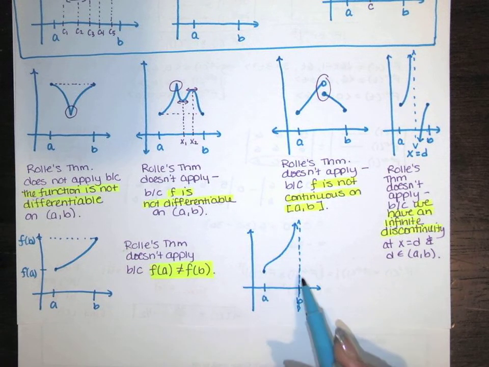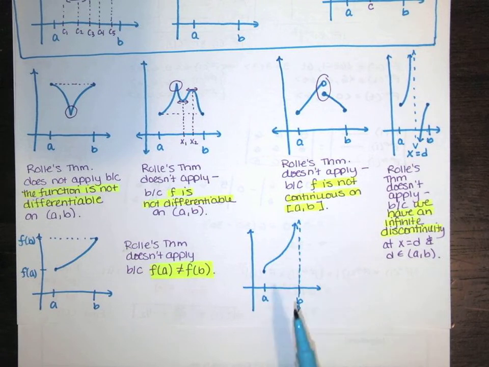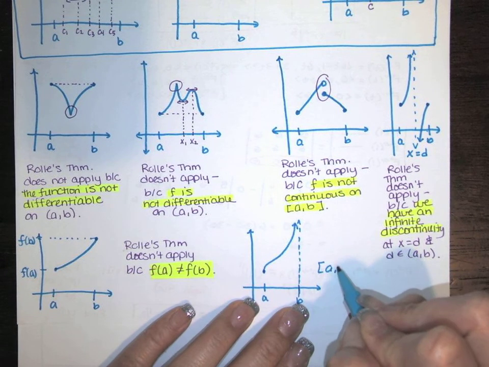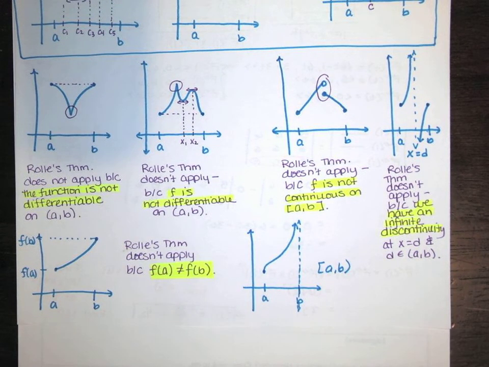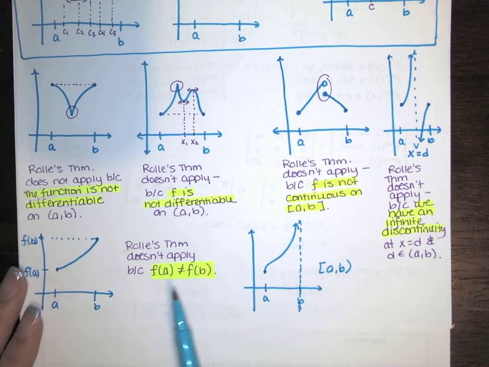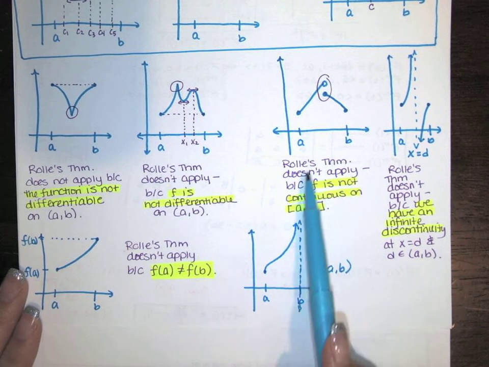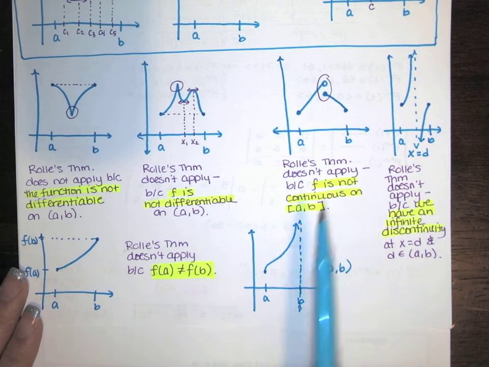It's defined at a, but it's not defined at b. So f of a and f of b can't be the same thing. It is one continuous piece, but it's continuous on the interval from a to b, not including b, because we've got an asymptote at b. So Rolle's theorem doesn't apply here because this is not satisfied. This isn't satisfied because that right endpoint is not included.